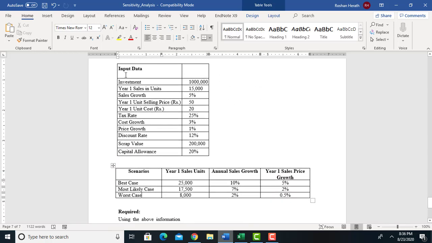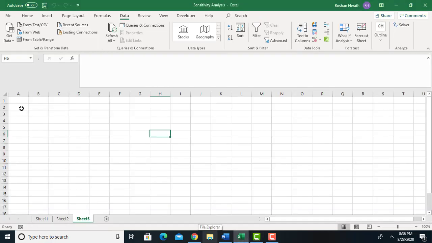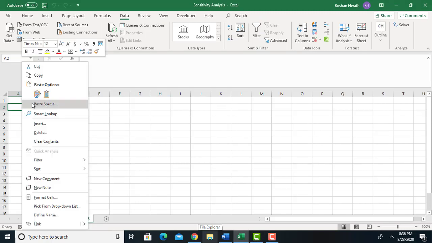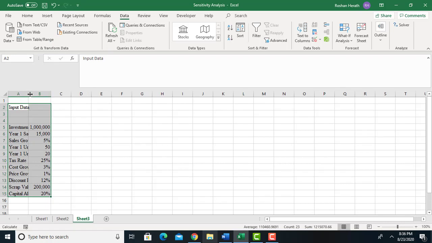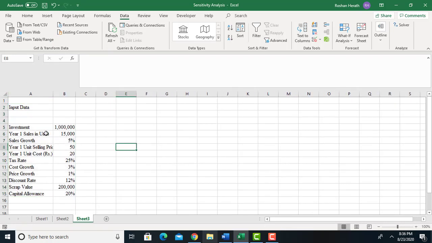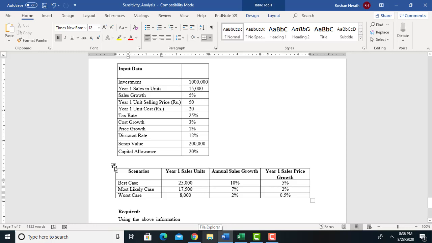Now let me copy this information. The input data can be taken, and also better to take the scenarios as well. Different scenarios are there.